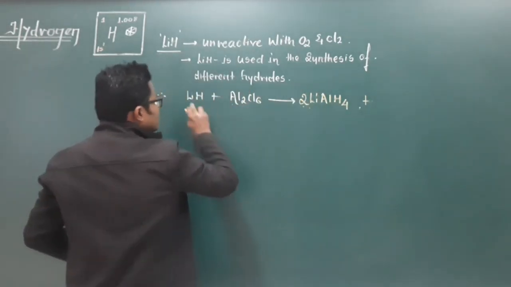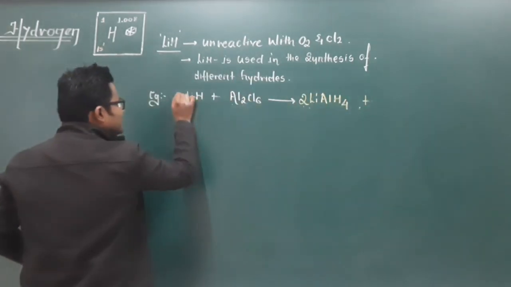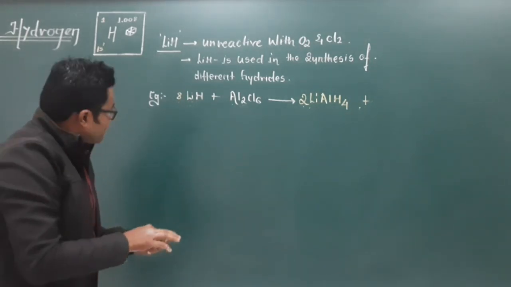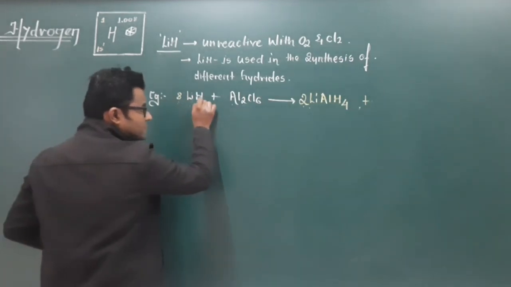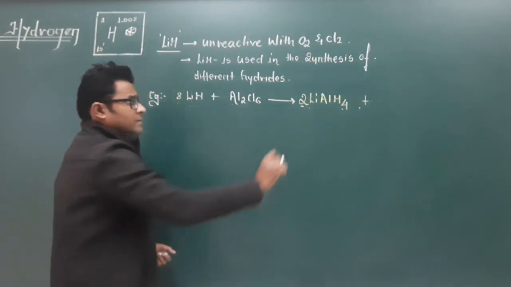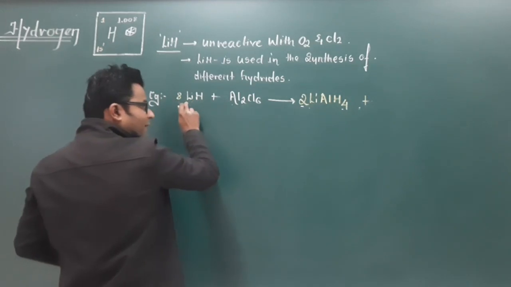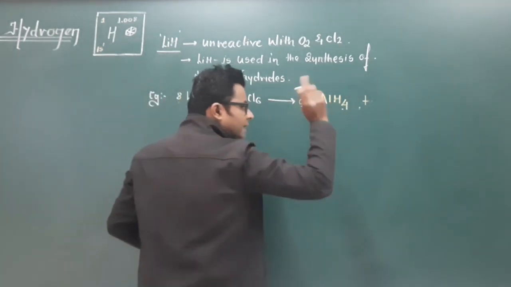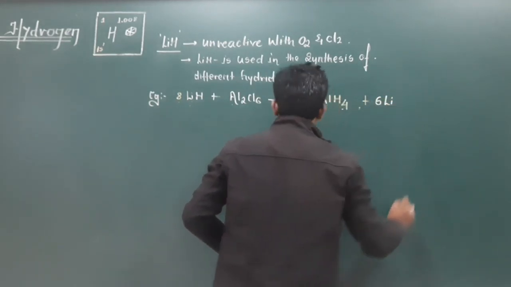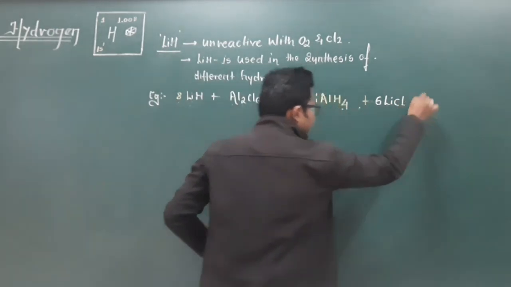If I take 2 into 4, that is 8. That means there should be 8 lithium hydride in order to balance them. So we have 8 hydrogens over here, 2 into 4 is 8 hydrogens, perfectly balanced. We have 2 lithiums, but we have 8 lithiums here. That means out of 8 lithiums, I am using 2 lithium over here. Remaining are 6 lithium. And we have 6 chlorines, so this should balance it.